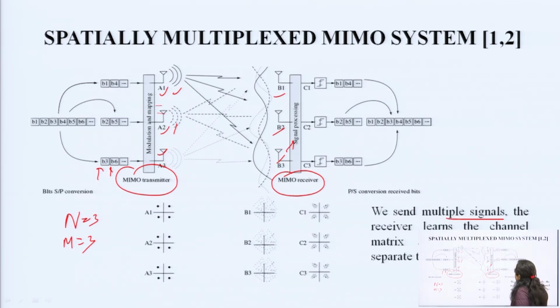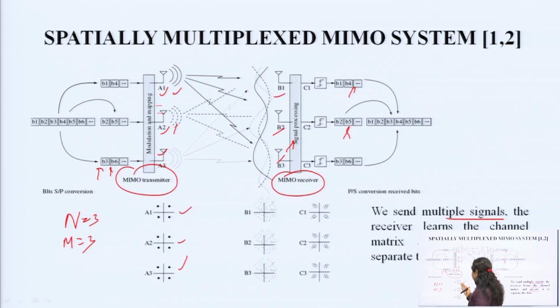So, there are different carrier signals which are going to pass through this channel, like these are the paths that have to be followed, like B1, B4 and so on, this is B2, B5 and so on. So, this is A1, A2, A3.